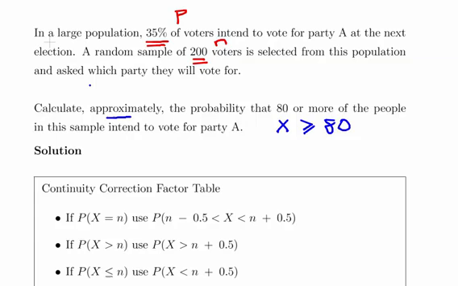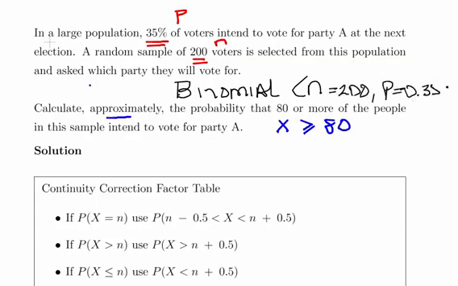Now, in the first instance, what we have here is a binomial distribution, okay? With n equals 200 and p equals 0.35. And what we're going to do is approximate it with a normal distribution, which I'll talk about shortly, with mu and sigma squared.